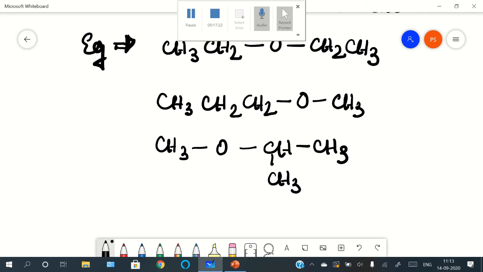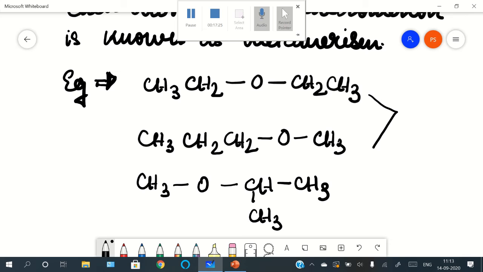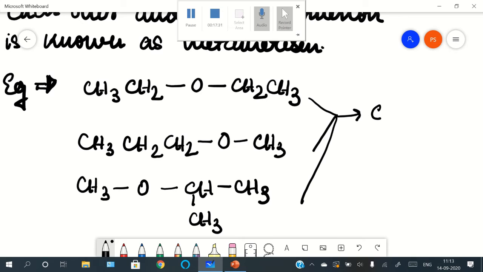This is also an ether compound. All these ether compounds have the molecular formula C4H10O, but all of them are different. All of them comprise an ether linkage, and the hydrocarbon groups on either side of the linkage are different in each of the ethers, thus creating a type of isomerism known as metamerism, and all these compounds are known as metamers of each other.